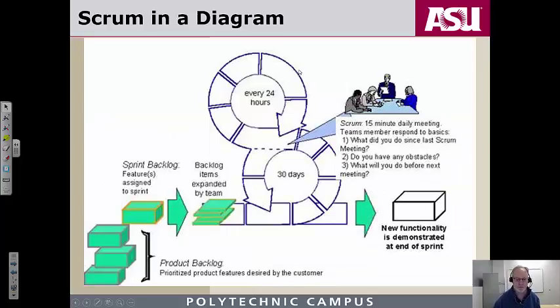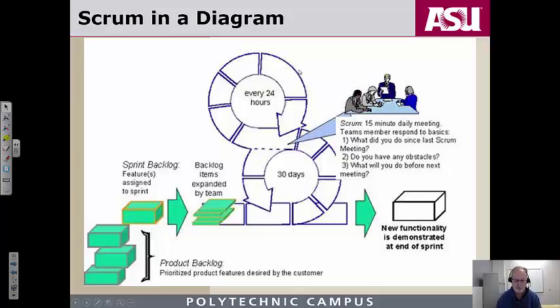Several of these things, most of these things, are things you are specifically going to do in the context of your class project. To start off with, this is the classic Scrum diagram. You can Google this one up. You see it everywhere, and it's trying to explain a number of items in context for you.